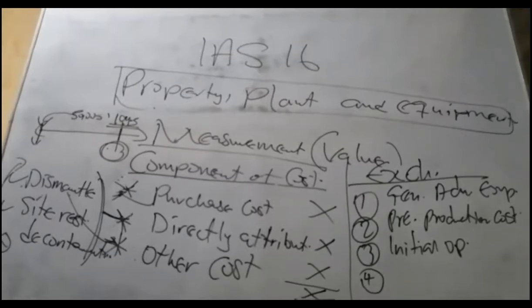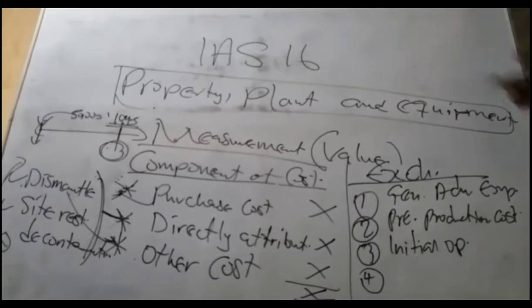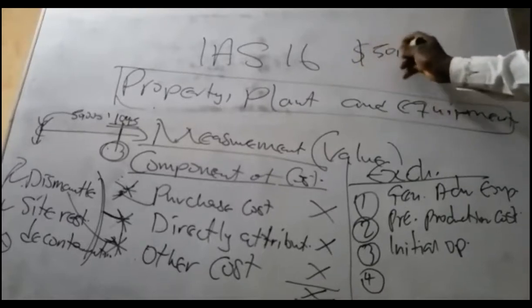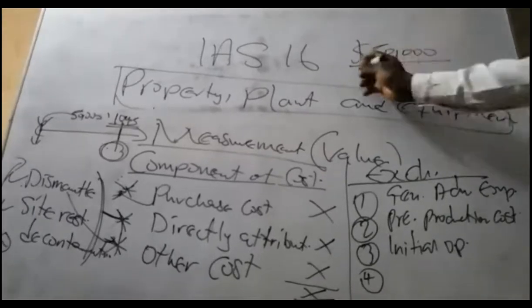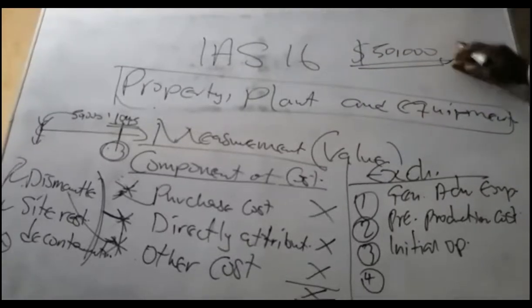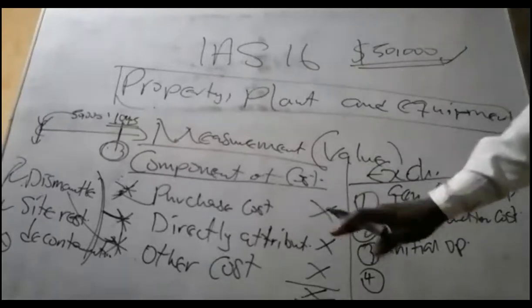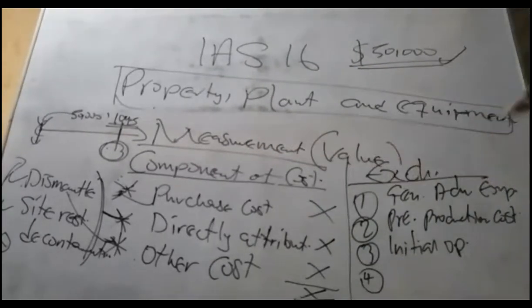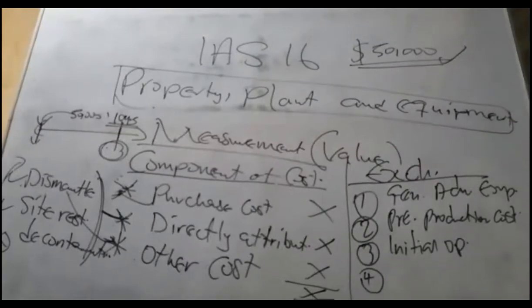In fact, some of them go for international training for 5 months, they come back, and now you spend overall $50,000 for the training. So the question is, will this $50,000 be part of the cost of the machine, or should we expense it in the P&L, or should we exclude it?